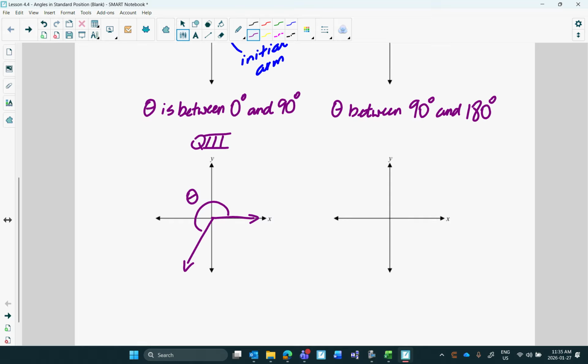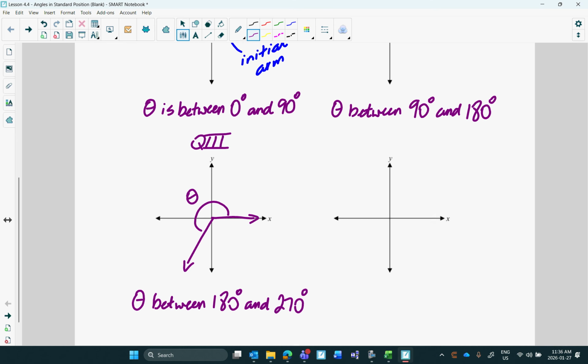What are all the possible angles I could draw in quadrant 3? Between 180 and 270. Theta between 180 degrees and 270.